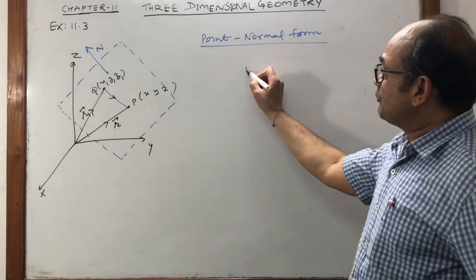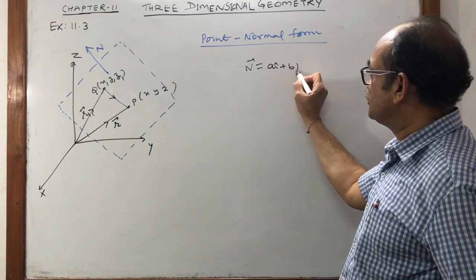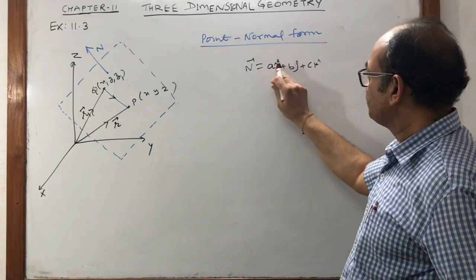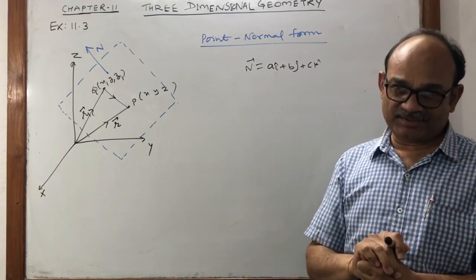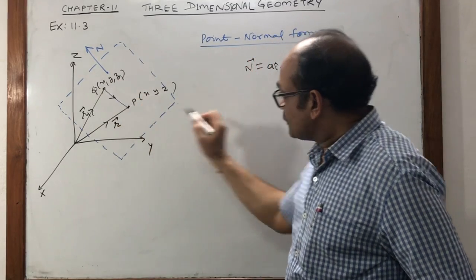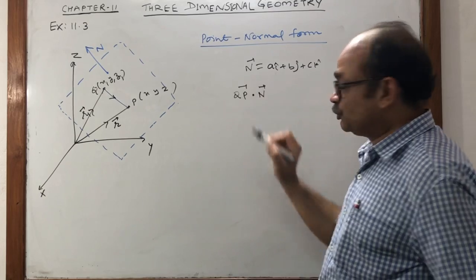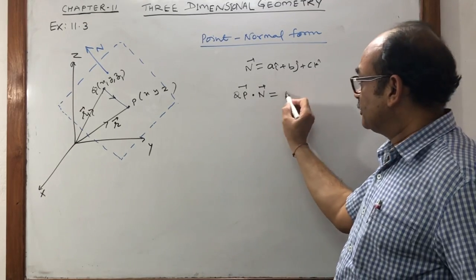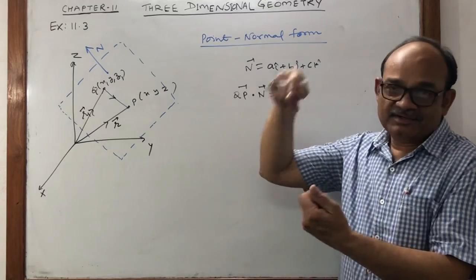It means, suppose the normal is ai plus bj plus ck, correct, where a, b, c are the DRs of the normal, and we know that any line QP is perpendicular to n, that is the dot product of the vectors equals 0, since these two are perpendicular.